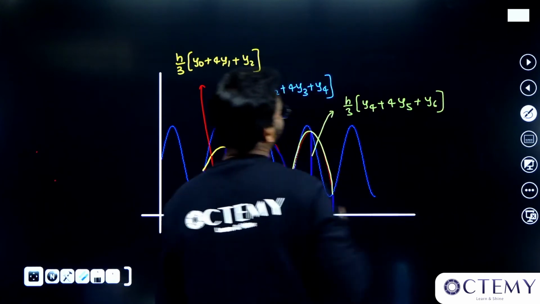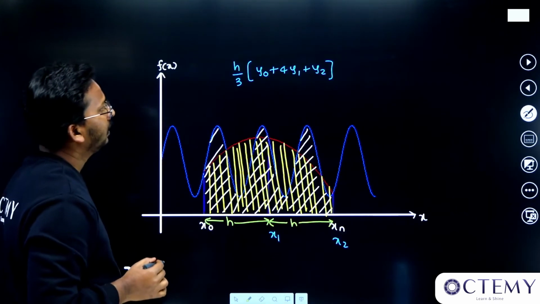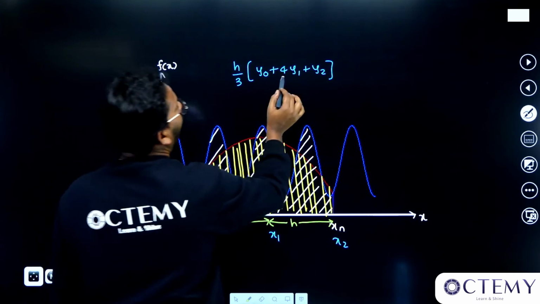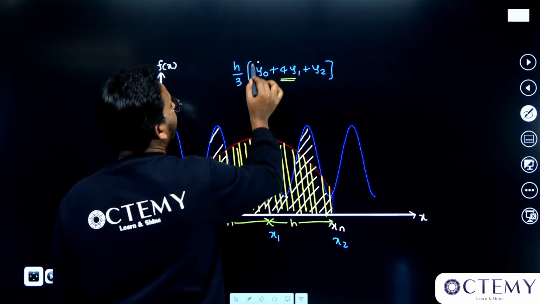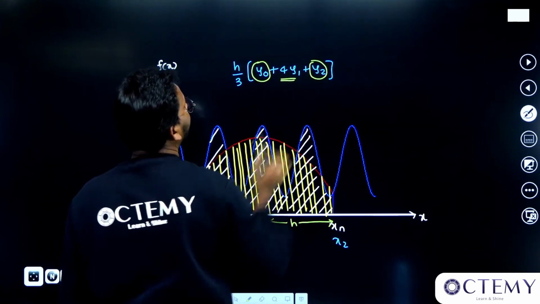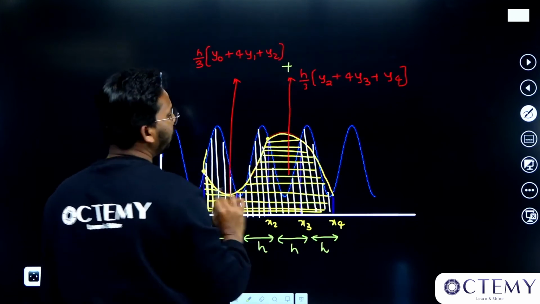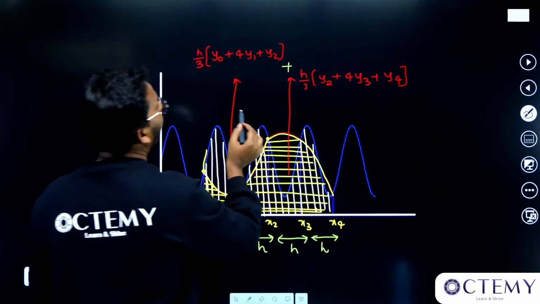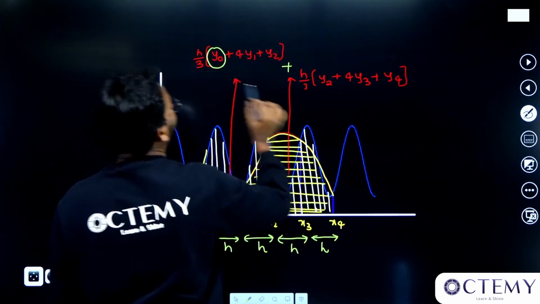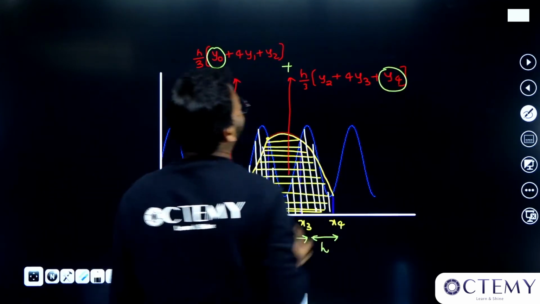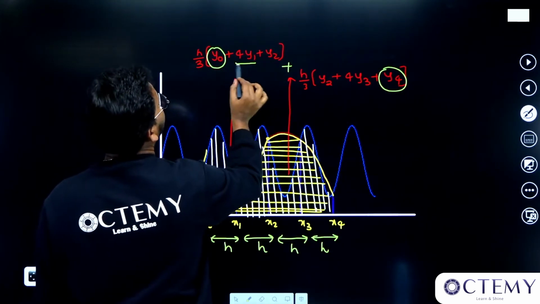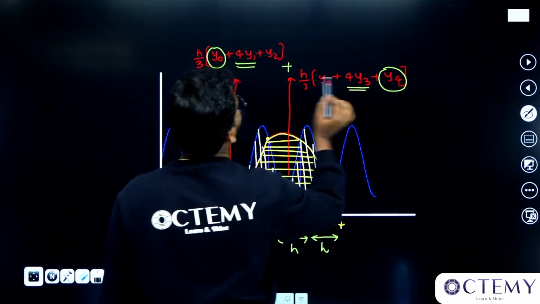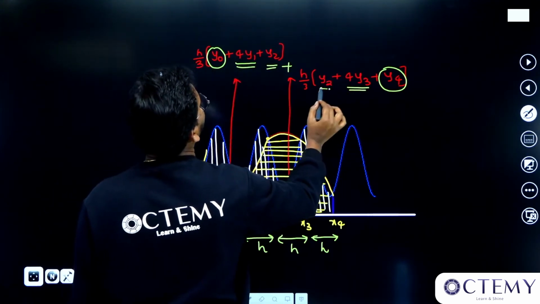Now, if you observe from these last slides, here the odd ones are multiplied with 4, except the first one and last one. You have to add these values to get the entire area. The first one and last one have coefficient 1. Apart from those, the odd numbers are multiplied with 4 and the even numbers are multiplied with 2, because they occur twice.